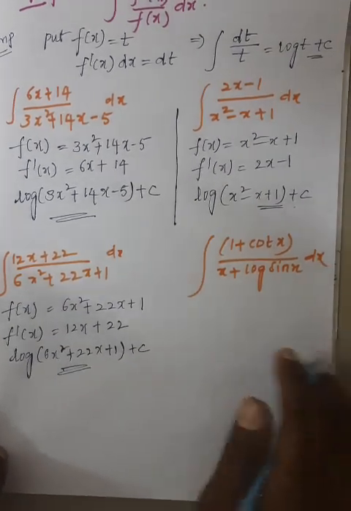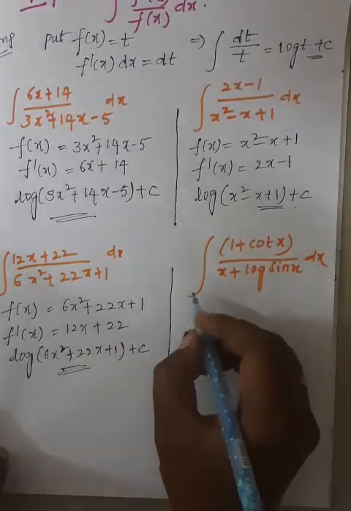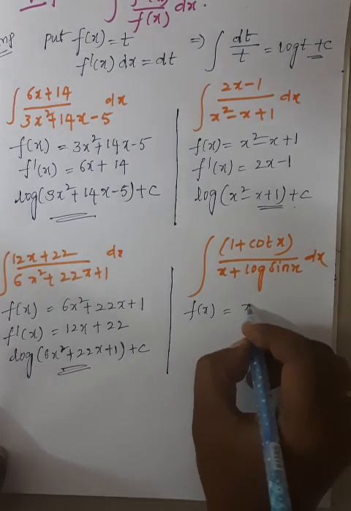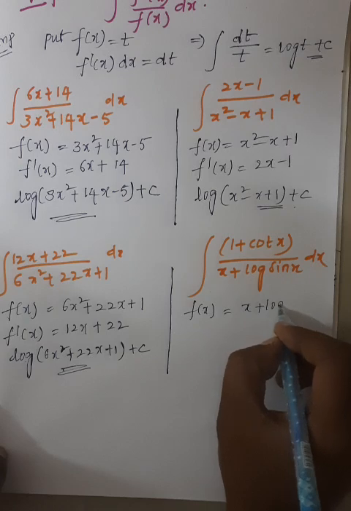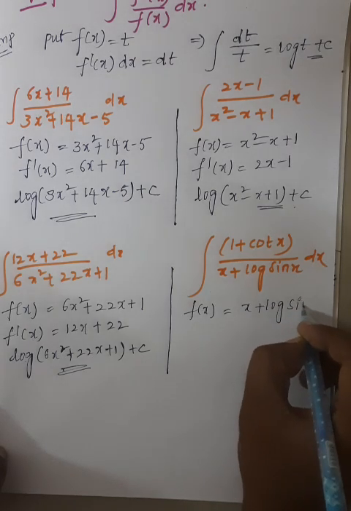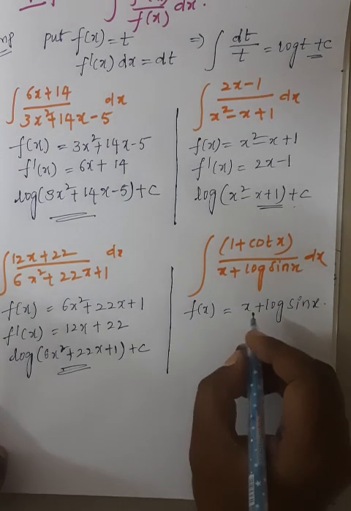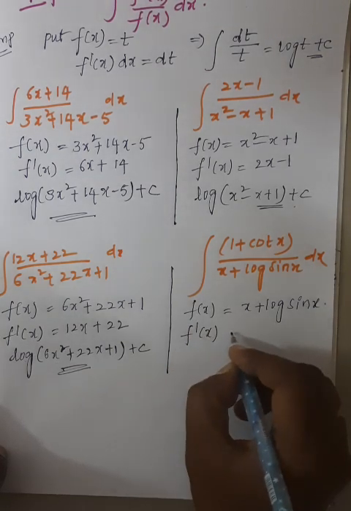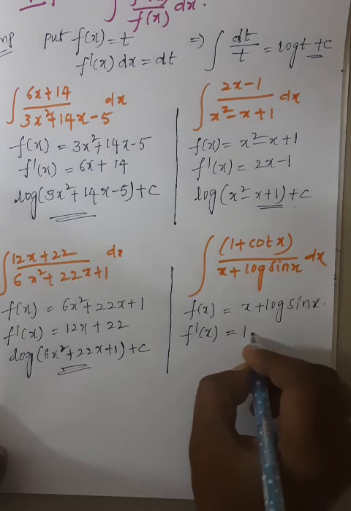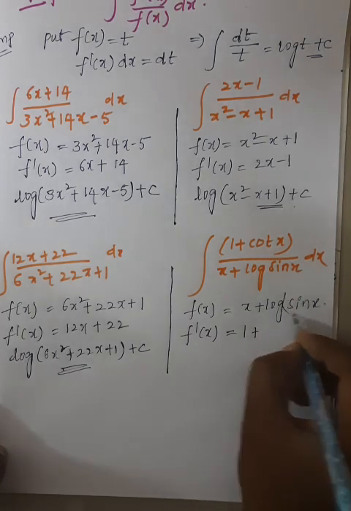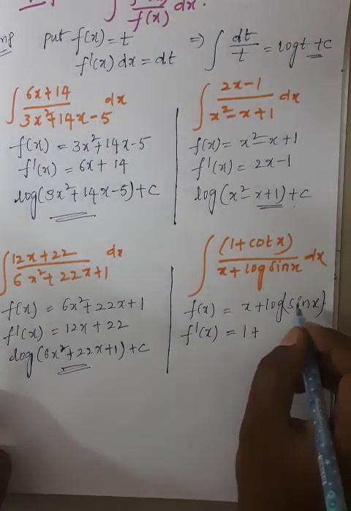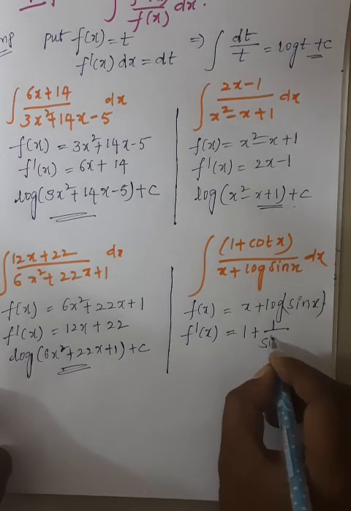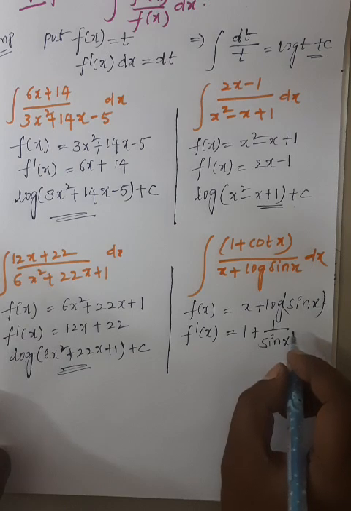Similarly, we can solve this question also. Here f of x is equal to x plus log of sin x. Now we have to differentiate f of x. We get differentiation of x is 1 plus differentiation of log sin x. Log x differentiation is 1 by x, so 1 by sin x. But it is not x, it is sin x.